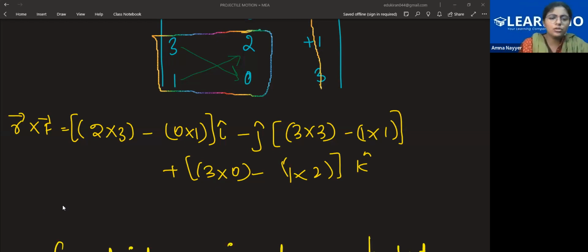Now you just have to solve the way you are solving your mathematical questions. 3 into 2 is 6. This is 0. So this becomes 6 I cap. This is 9 minus 1. That is 8. So minus 8 J cap. 0 minus 2. So minus 2 K. That's it.